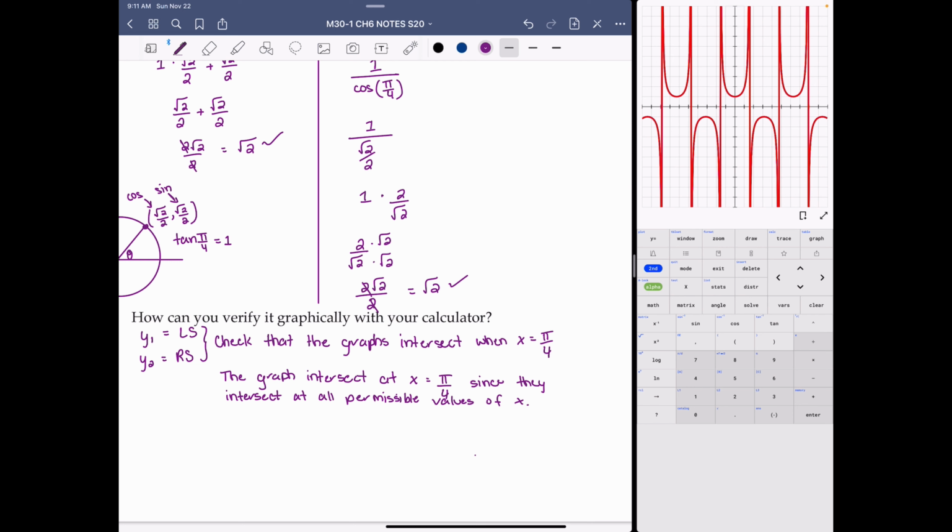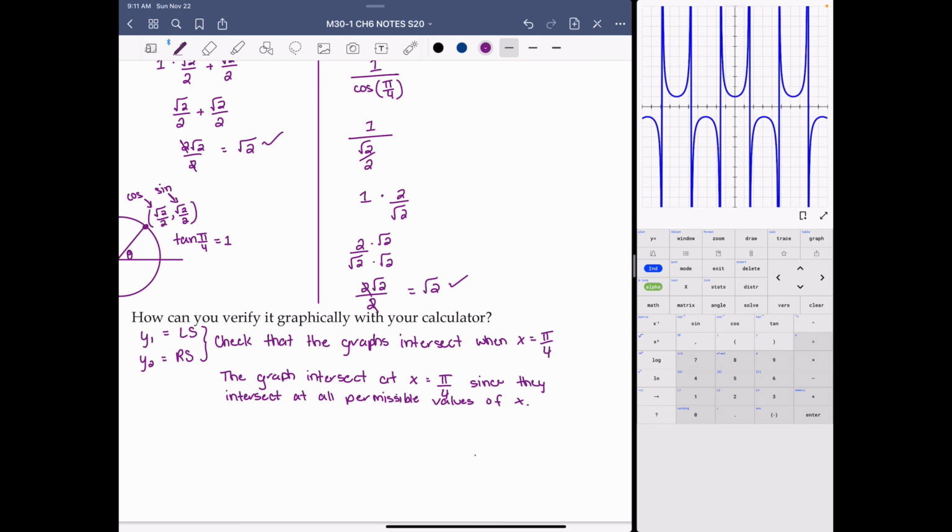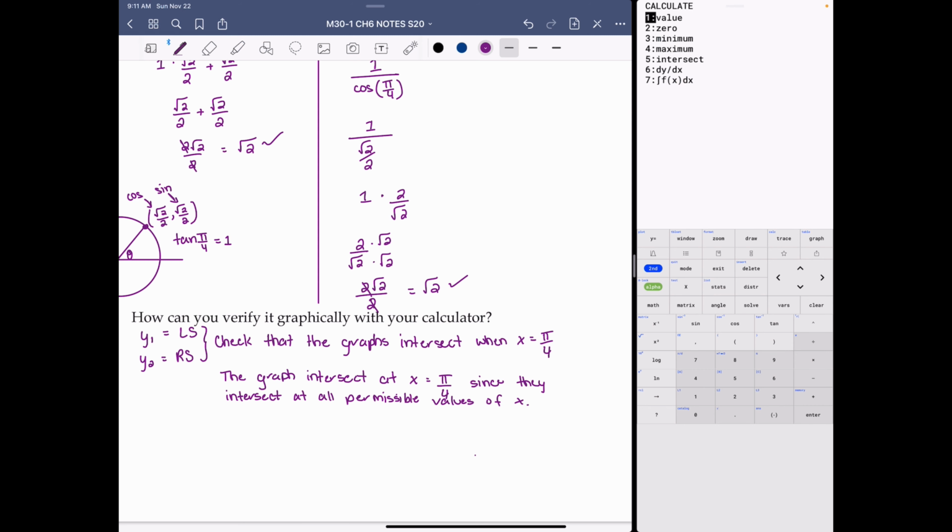Another way that we can check this is to find the value of each of the graphs when x is pi over 4. So the easiest way to do this, I would say, would be to go back to y equals, turn off one of your graphs. So I'm going to turn off the red one. So I just have the left side, graph that, and then I want to find the value. So second trace, number 1 for TIs.